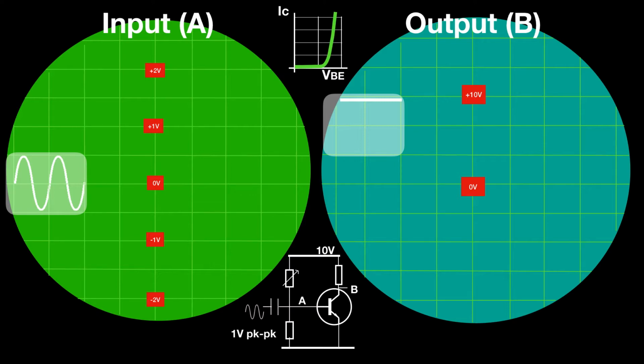If we look at the bottom then, if the transistor is not conducting, then no current is flowing through the collector load resistor, and therefore the remaining voltage, the full 10 volts, is developed at point B. So we're seeing a steady voltage at point B of 10 volts. And there we've highlighted the resistor. The resistor has no current flowing through it.